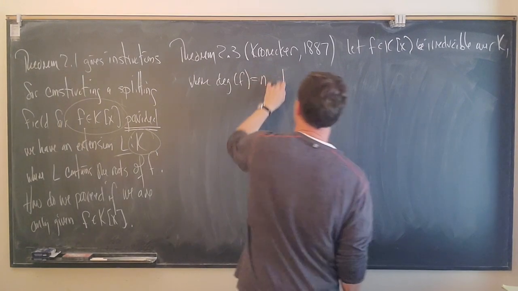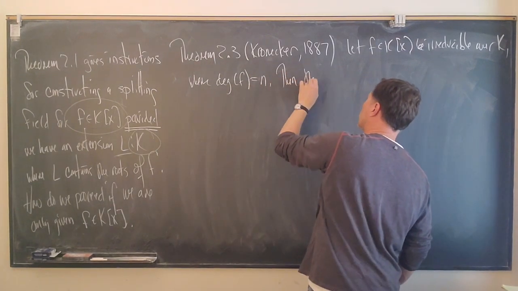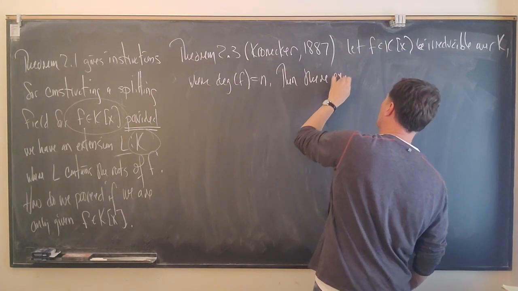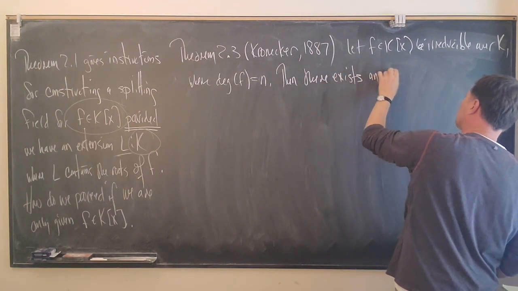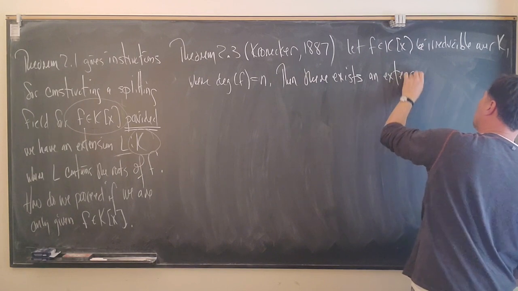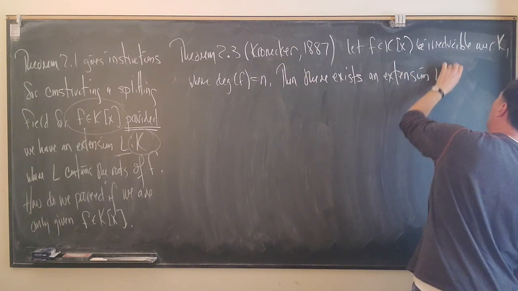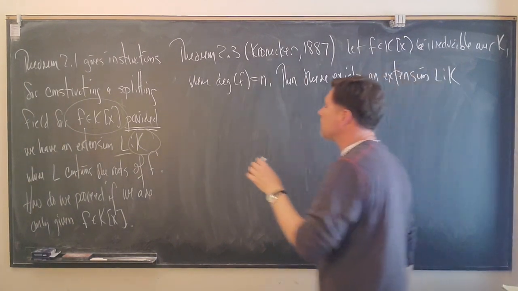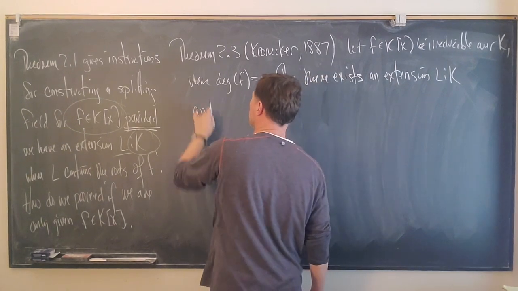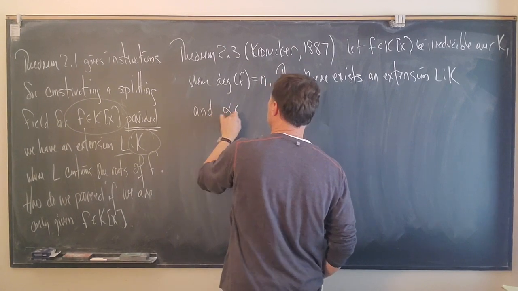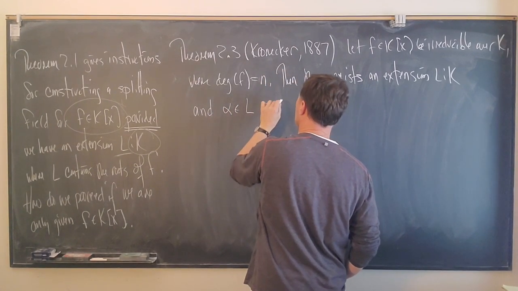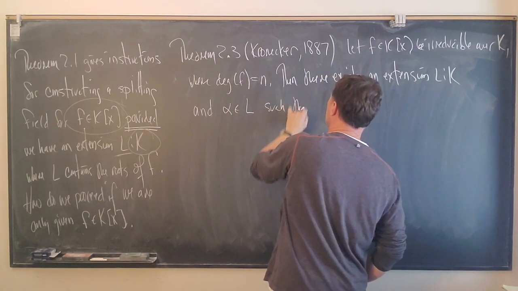Then there exists an extension L over K, and an alpha in L, such that two things happen.